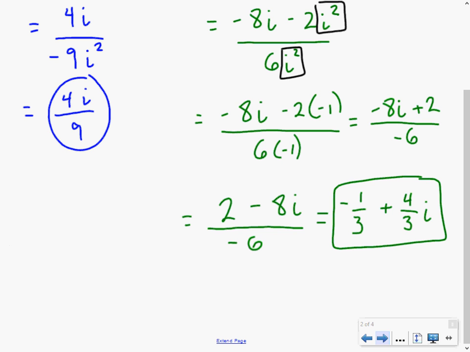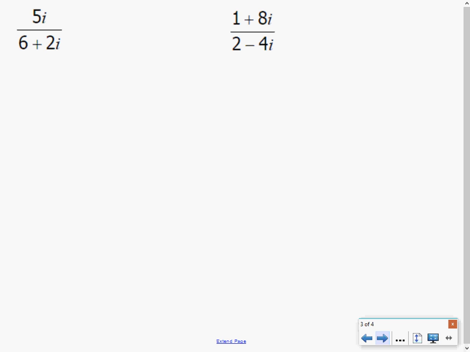And there I have it. So this is an example, two examples, of dividing by an imaginary number. When we go to divide by a complex number, like we have here and here, it's going to be a little more complicated.